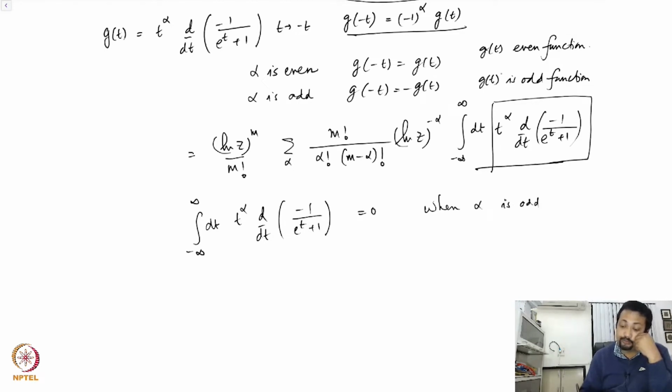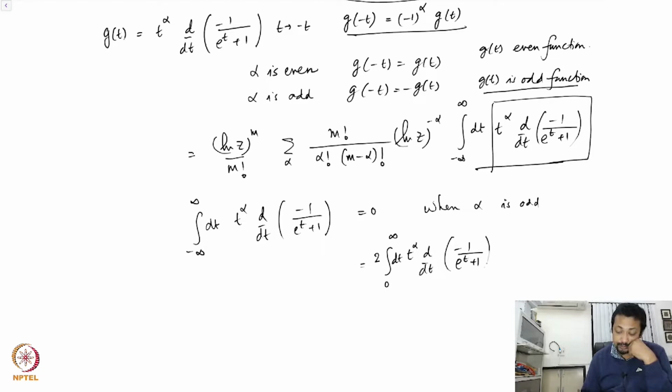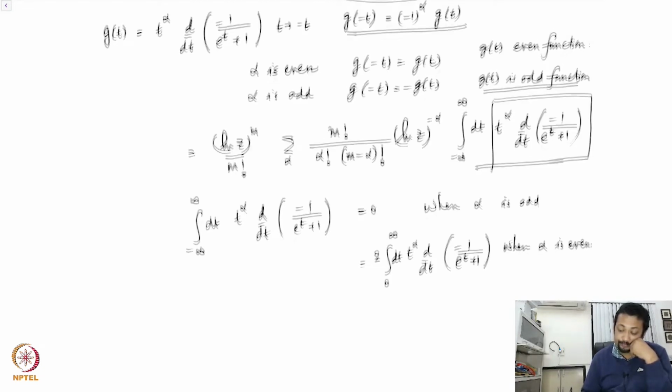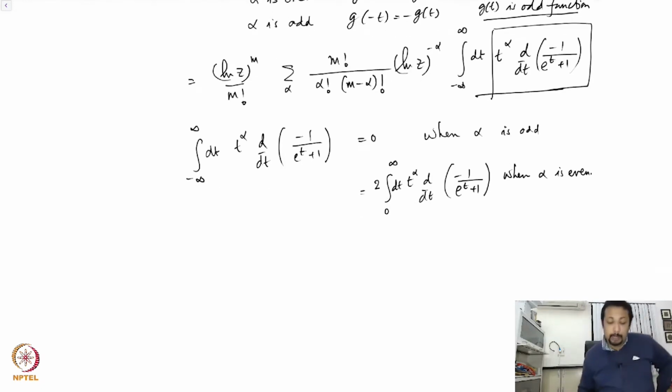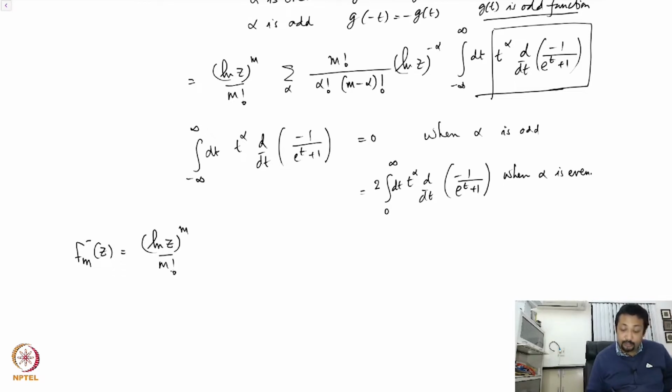And this follows from the fact that when alpha is odd, g of t is an odd function, and there is going to be a factor of 2 when alpha is even. Good. So therefore I have f m minus of z is ln z raised to the power m over m factorial.